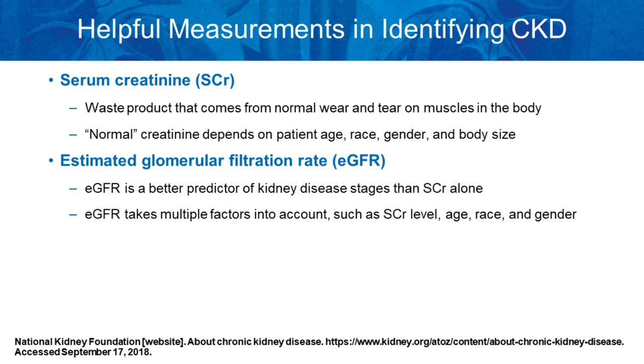Now, the creatinine by itself is not the best measure, it turns out, of kidney function. Rather, the estimated glomerular filtration rate is probably the best predictor of the degree of kidney disease.